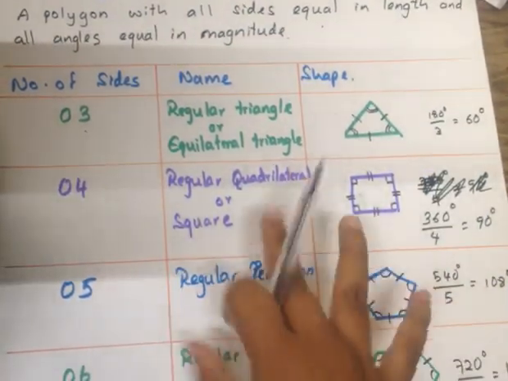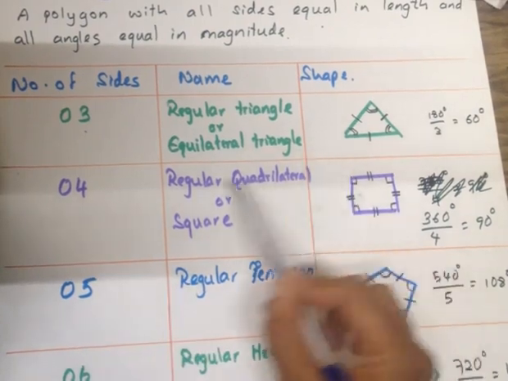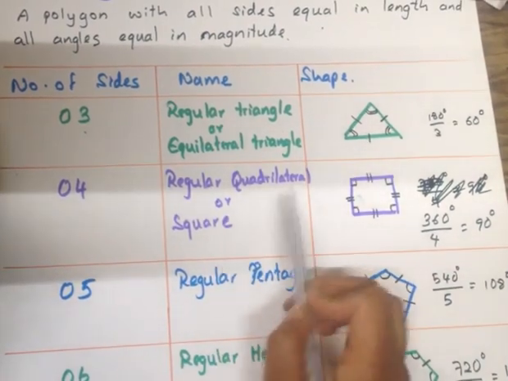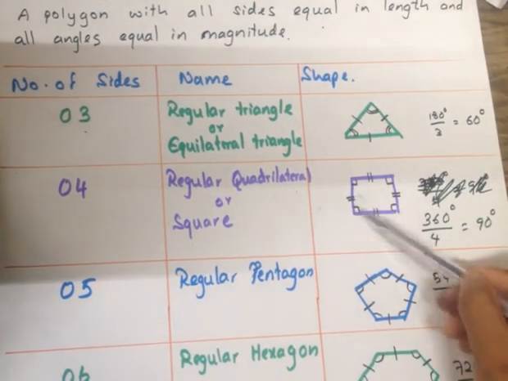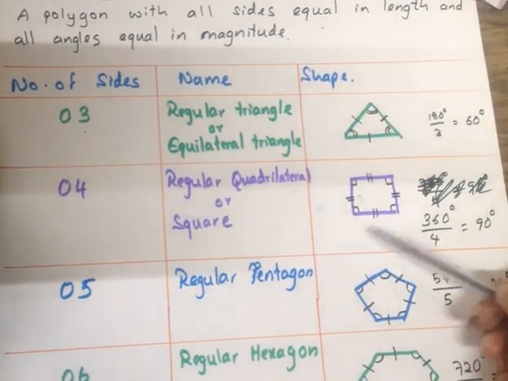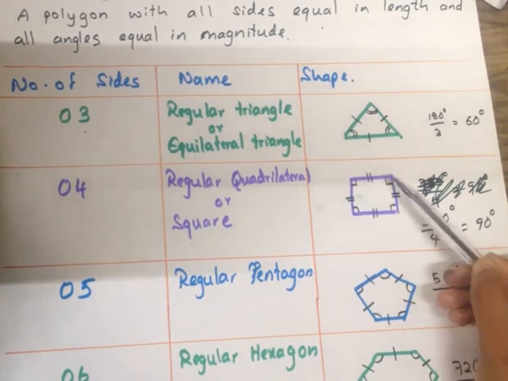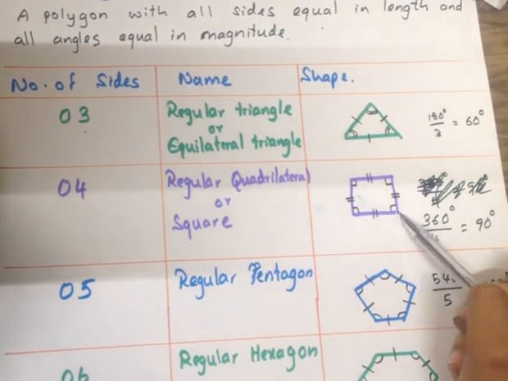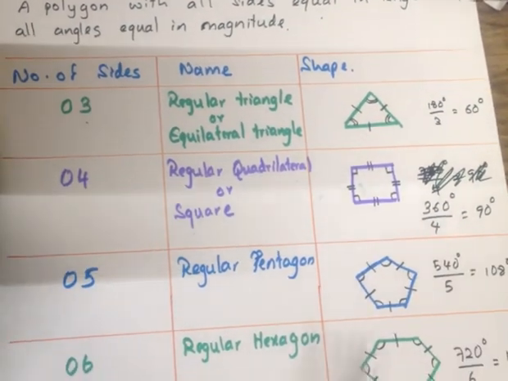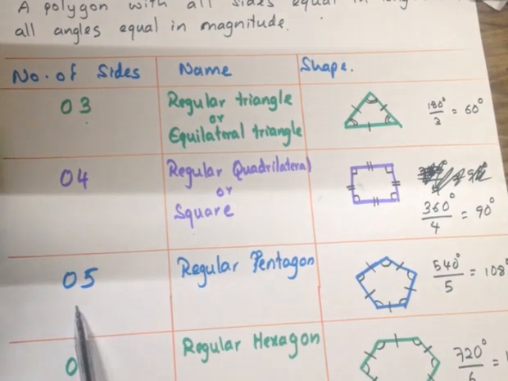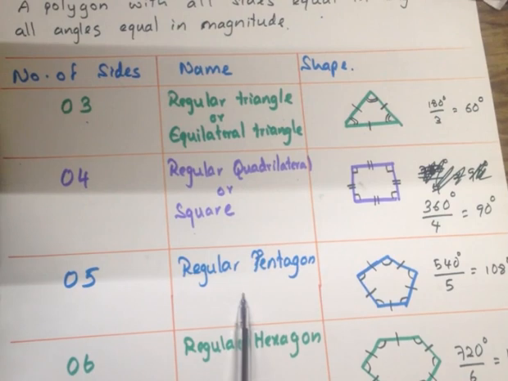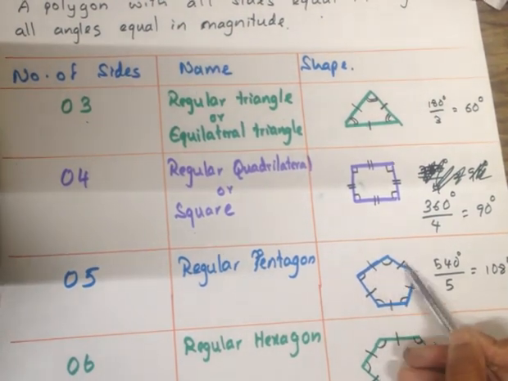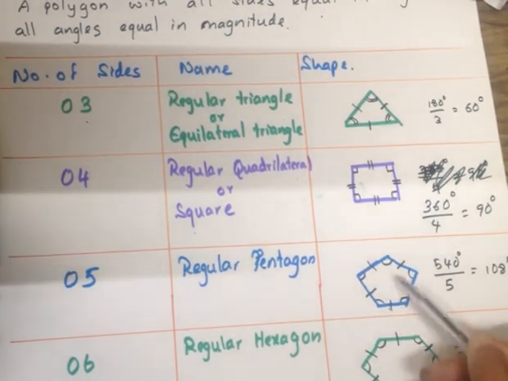Okay. Now let us see a 4-sided one. We call it a regular quadrilateral or simply a square. See, in this square, all these 4 sides are equal and all these angles are also equal. When the polygon has 5 sides, we call it a regular pentagon. Here also you can see all these 5 sides are equal.